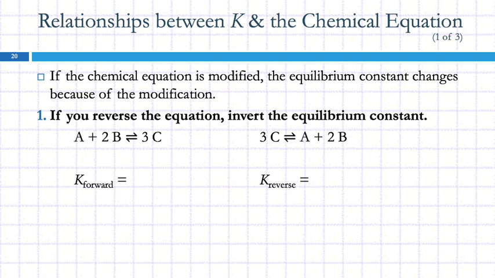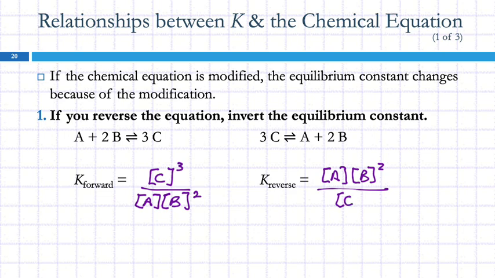So this is the forward reaction, and so we're going to have C cubed over A times B squared. And for the reverse reaction, we're going to have A times B squared divided by C cubed.